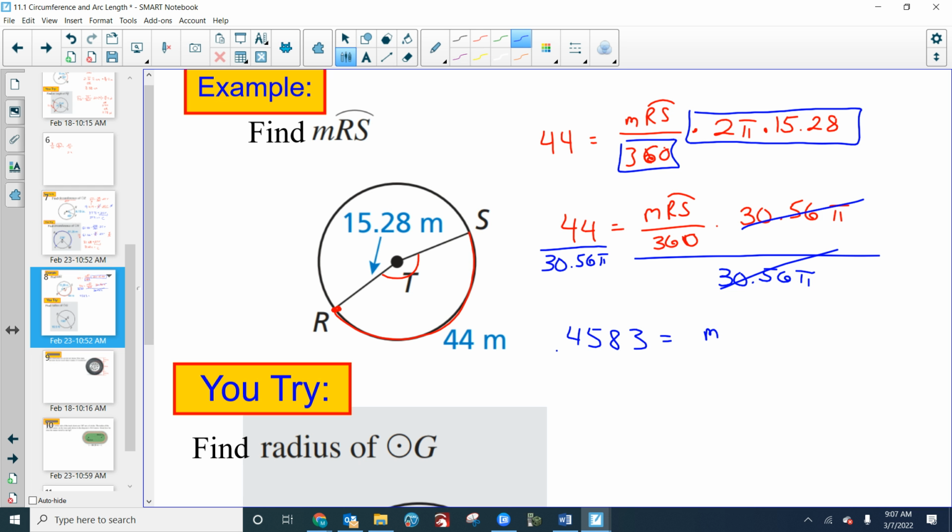That equals the measure of arc RS over 360. So my last step is to multiply both sides by 360. I actually left that decimal in my calculator, even though I rounded it up here. And I'm just going to do times 360. And I get 164.99 degrees.